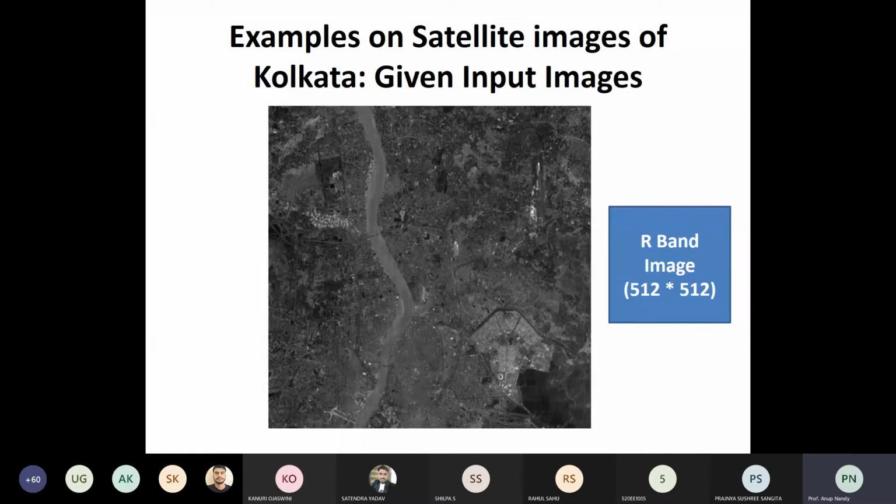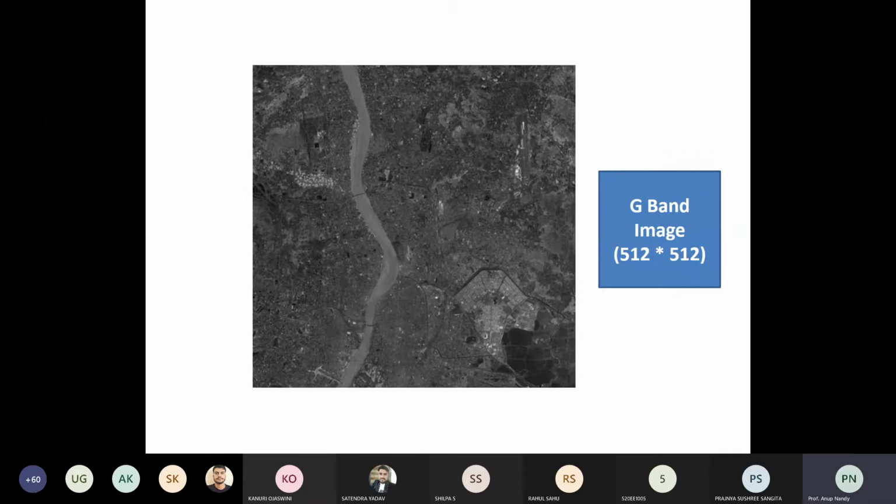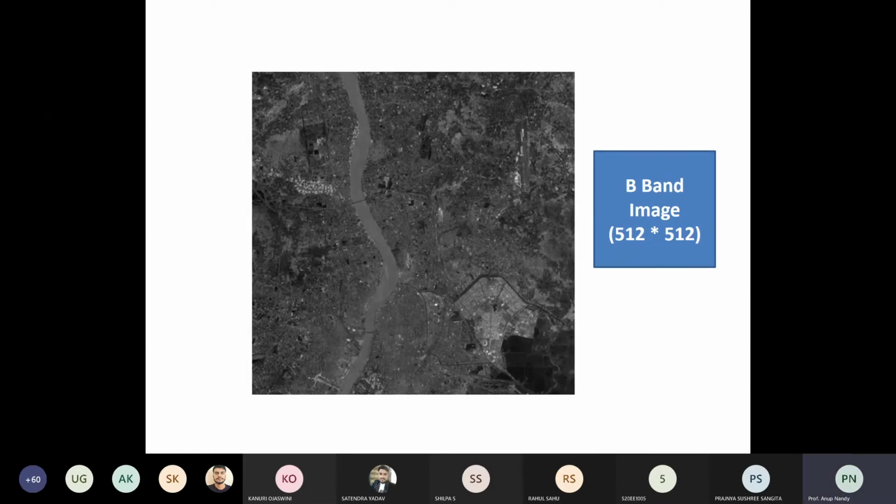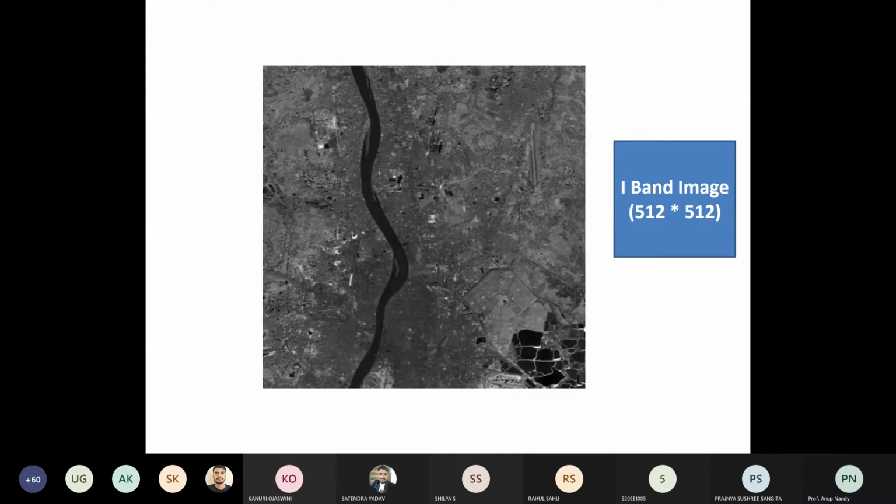This is called a contrast enhanced image. An example on satellite images of Kolkata, given input image: this is an R-band image. As you can see, it is the Hooghly River and these are the land cover areas. This is a G-band image, this is a B-band image, and this is an I-band image, the infrared band.